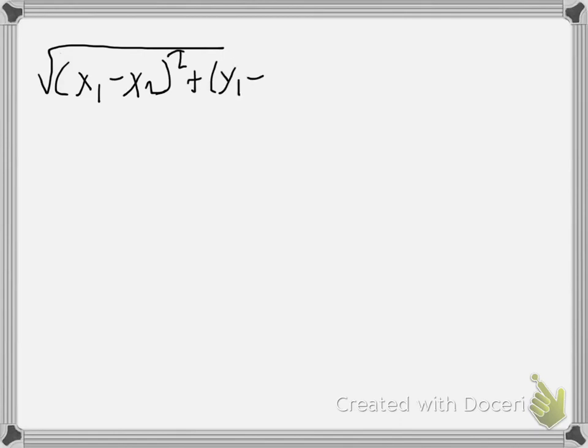Okay. If you have your notes printed out, which I hope you do, notice that you have the distance formula, and remember the distance formula is simply the square root of (x1 minus x2) squared plus (y1 minus y2) squared.